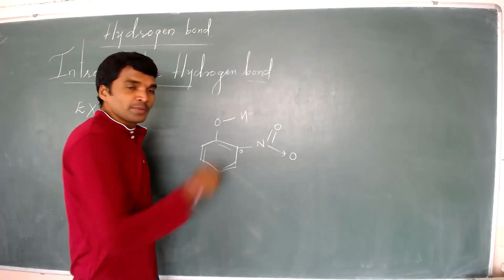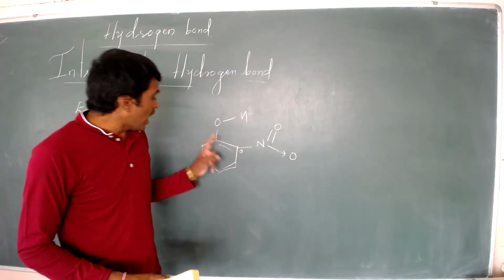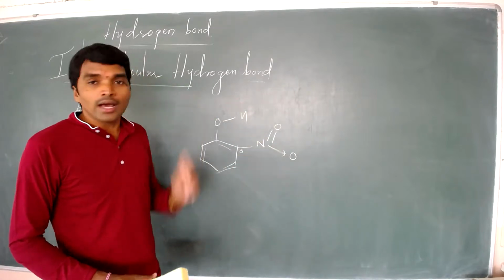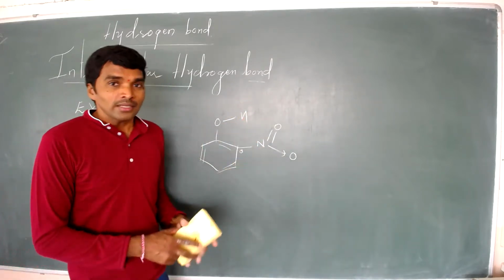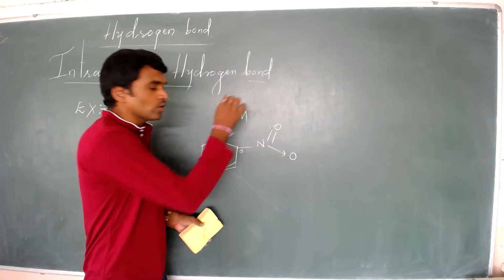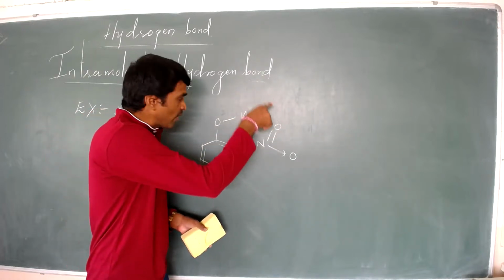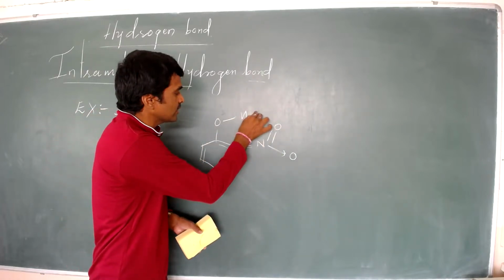On benzene, the OH group is present, that is a phenol. This is orthonitrophenol, a single molecule only. In a single molecule, hydrogen forms a hydrogen bond with oxygen.